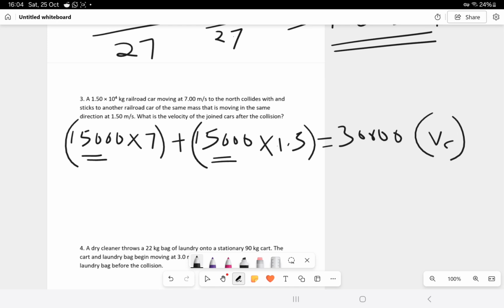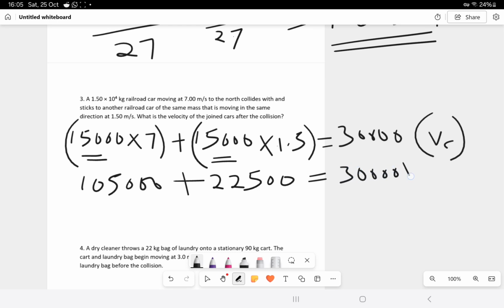Using my calculator, 15,000 times 7 gets 105,000, plus 1.5 times 15,000 gets 22,500. This should give us 30,000 VC.